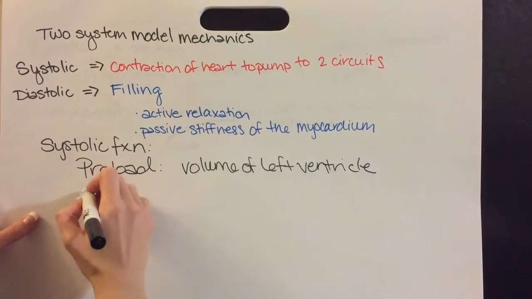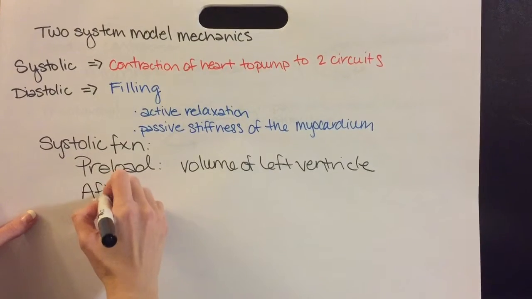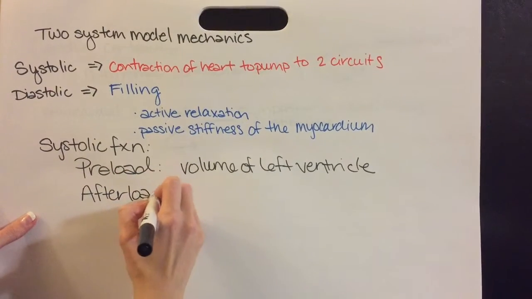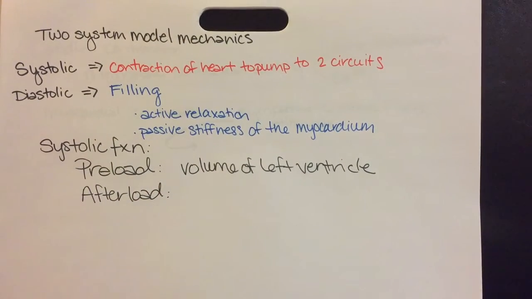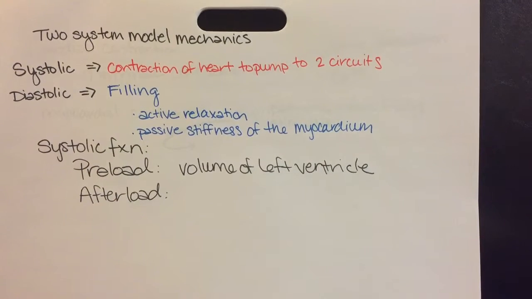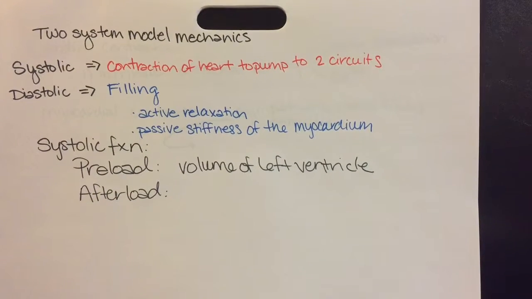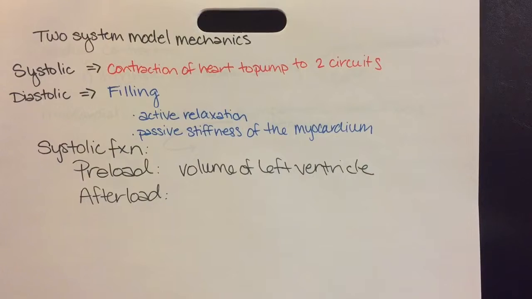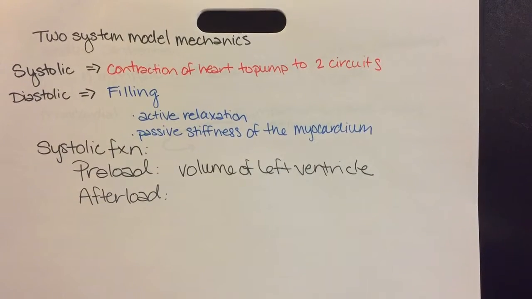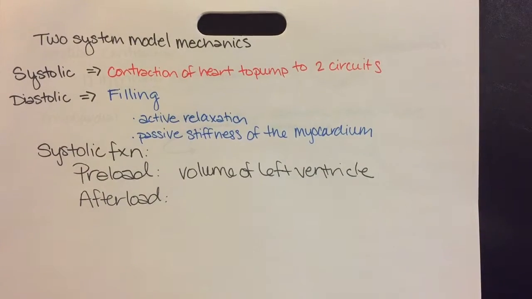The next is afterload. Afterload is the combined resistance to ejection of blood by the heart, the blood inertia, and the impedance of the central vasculature and the resistance of the peripheral microvasculature.